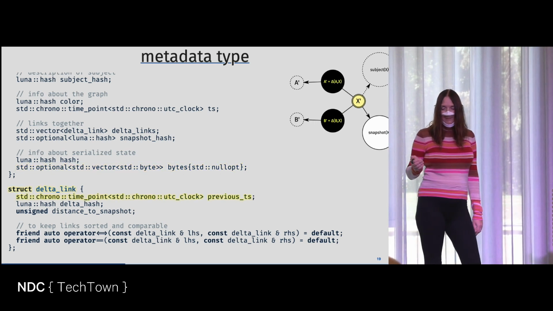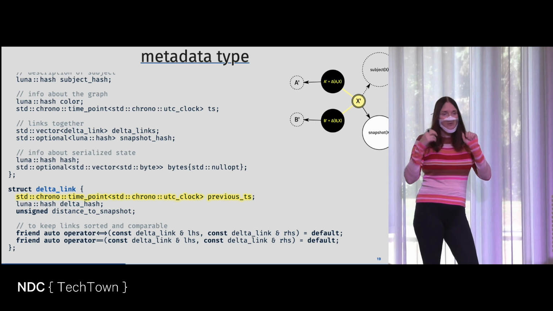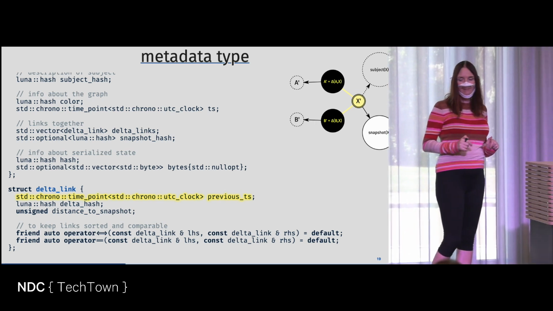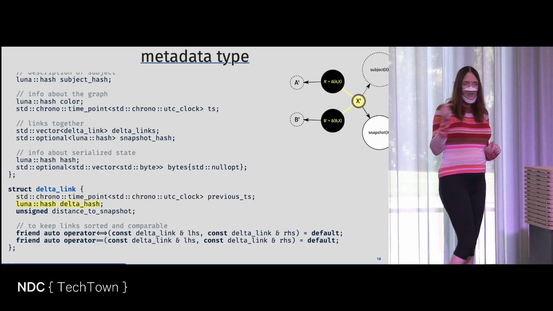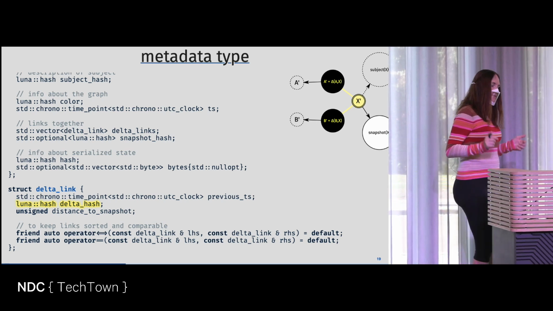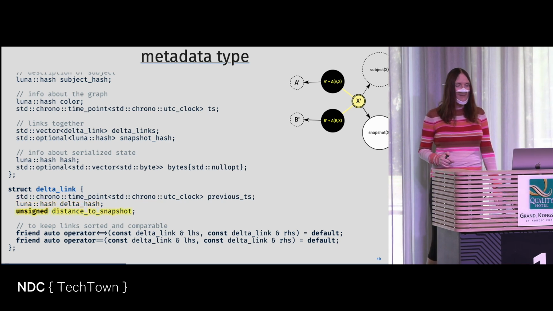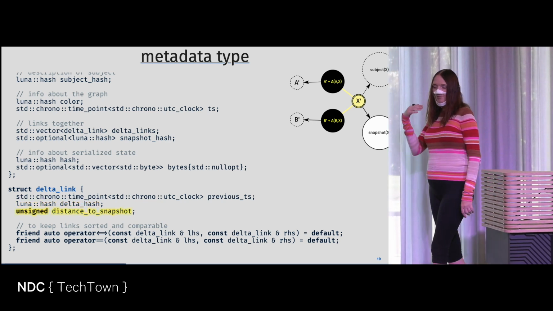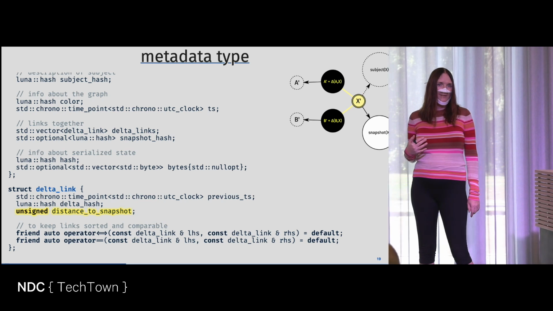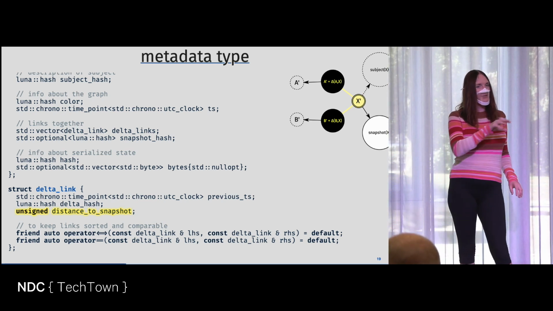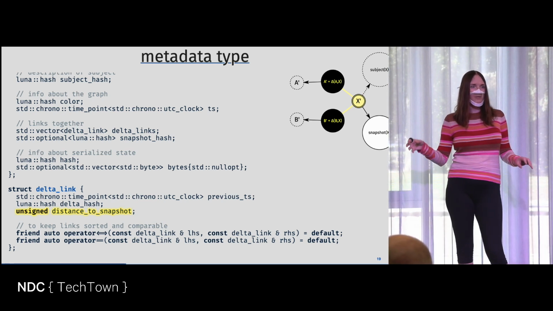And a delta link is a timestamp of the previous metadata and the hash of the delta object which leads to the previous metadata, and also the distance to the closest snapshot, because the snapshot is not in each metadata node, but only in a few.